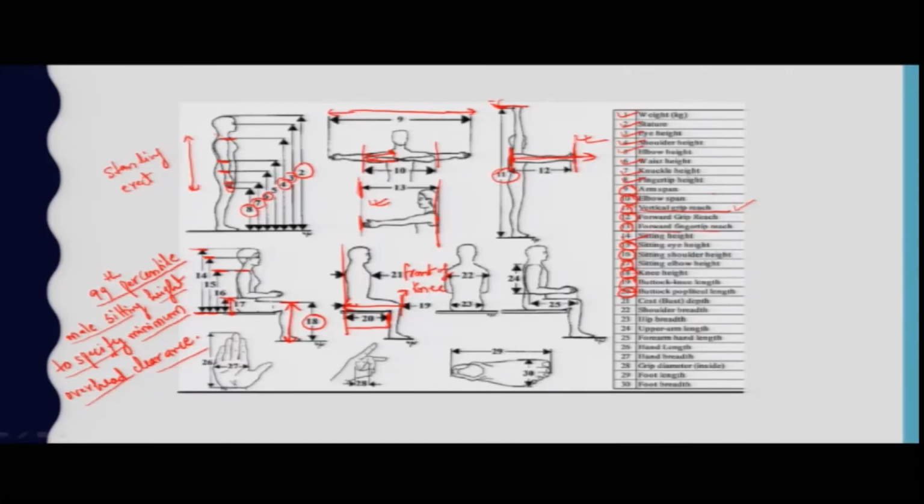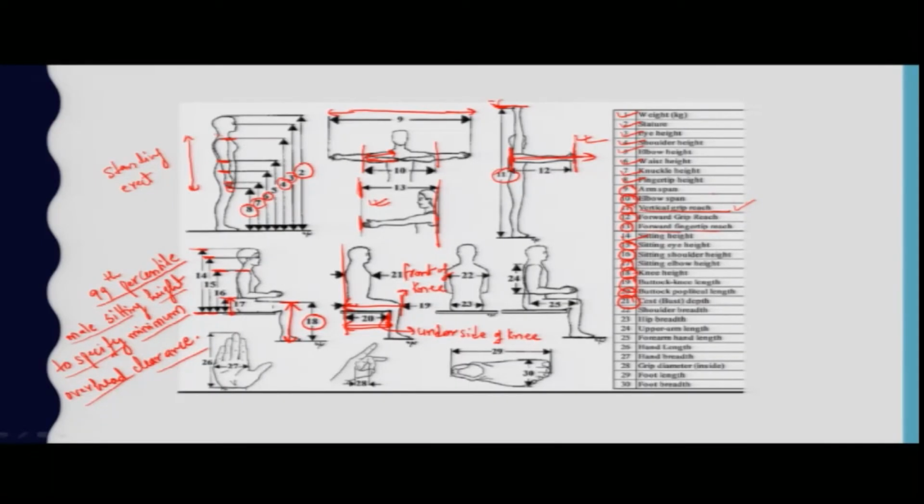So, that is the horizontal distance from the wall to the underside of the knee. This particular portion is the underside of the knee. So, this horizontal distance from the wall to the underside of the knee is known as buttock popliteal length.